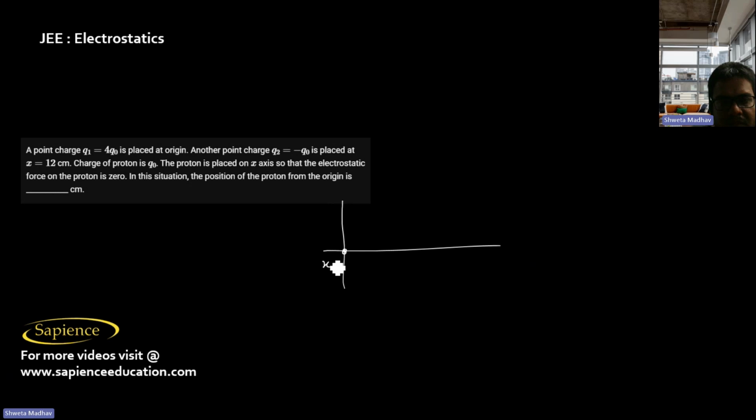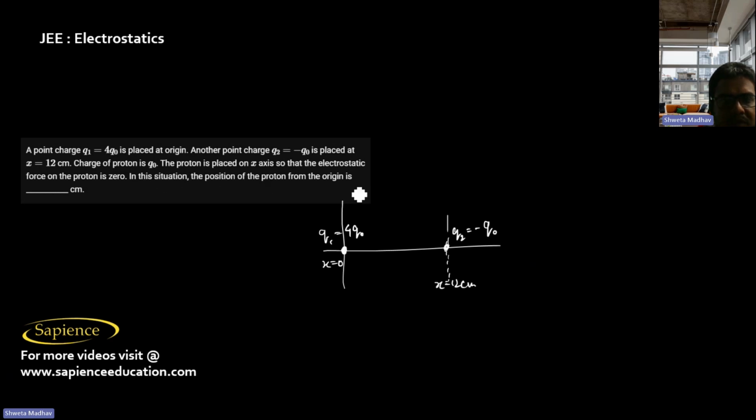At the origin means at x equal to 0, q1 charge is placed, which is equal to 4q naught, and another point charge q2 is placed at x equal to 12 centimeter. So at x equal to 12 centimeter, the charge q2 has been placed, which is minus q naught. Charge of proton is q naught.